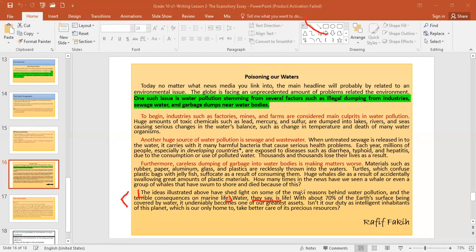Isn't it our duty, a call for action, as intelligent inhabitants, those who live on this planet, which is our only home, to take better care of its precious resources? I ended also with a question, which is a good strategy in writing. Okay, so this is basically an essay in grade 10.